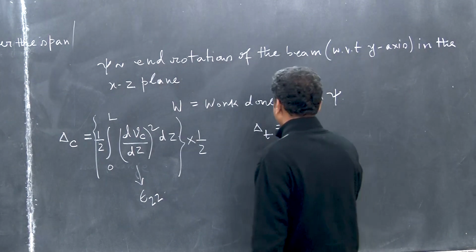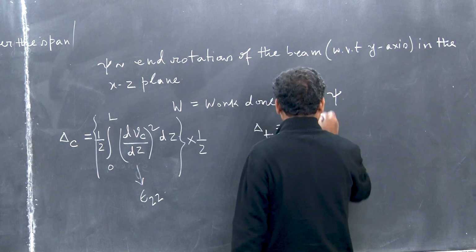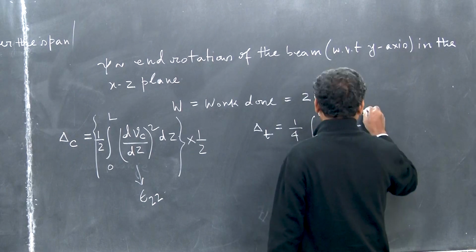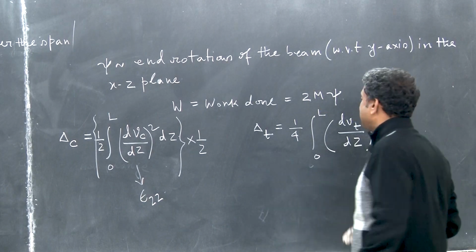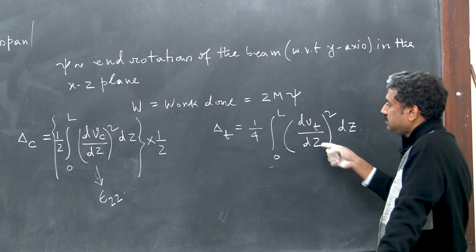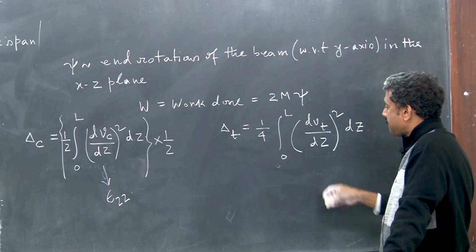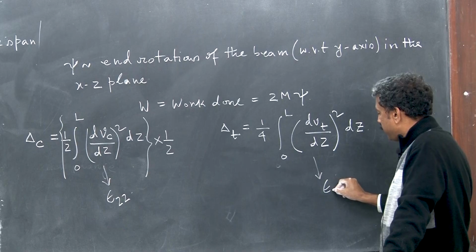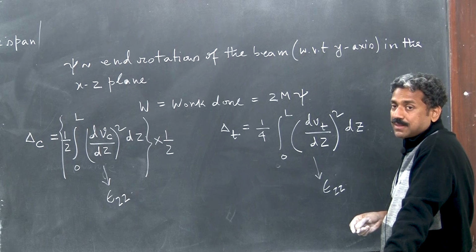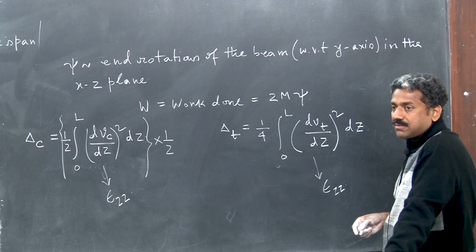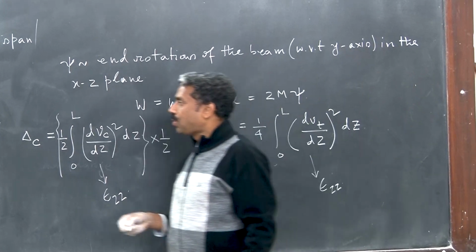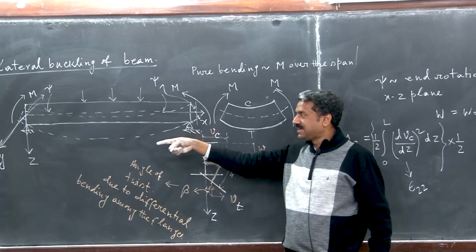Similarly, in tension, I am also going to write half integration 0 to L of d Vt by dz squared. You understand what I am doing? I am integrating the von Karman nonlinear strain, which is the in plane strain due to out of plane deflection. The beam is going through out of plane deflection in the lateral direction along y, that is Vt.